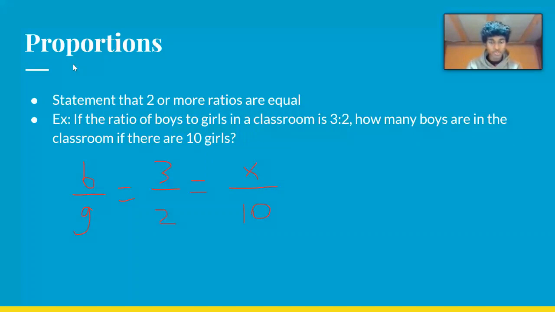To solve this proportion, we just need to find the scale factor between these two ratios, which is 5, right? Because 2 times 5 is 10. So then we need to multiply the numerator by 5. Then we get that x is equal to 15. So if there are 10 girls in the classroom, then there are 15 boys.